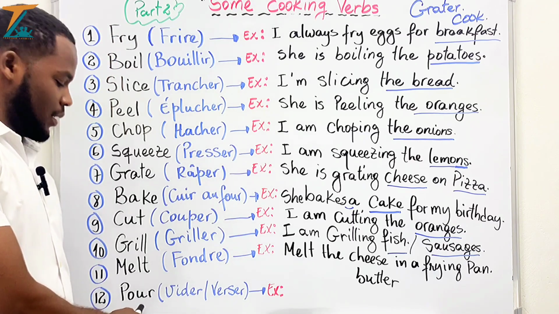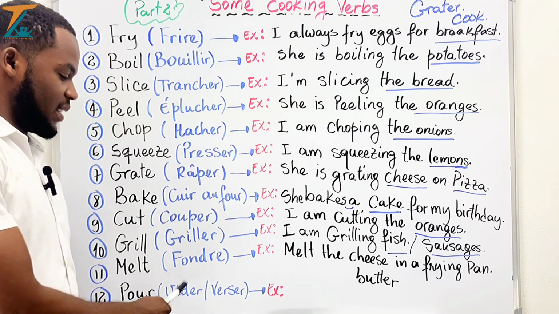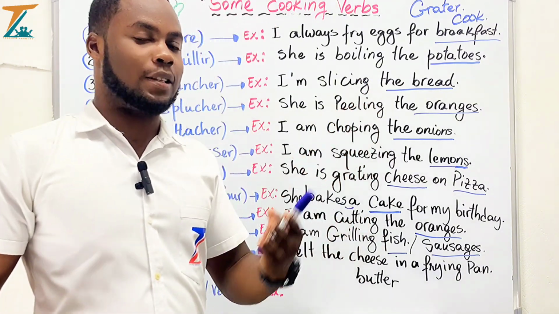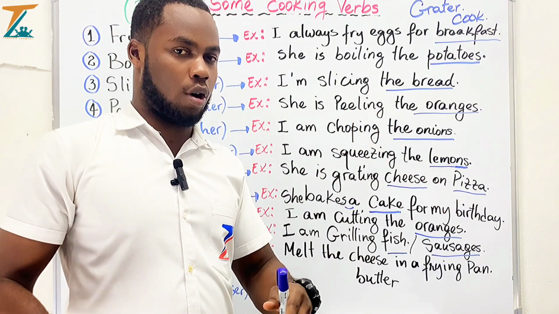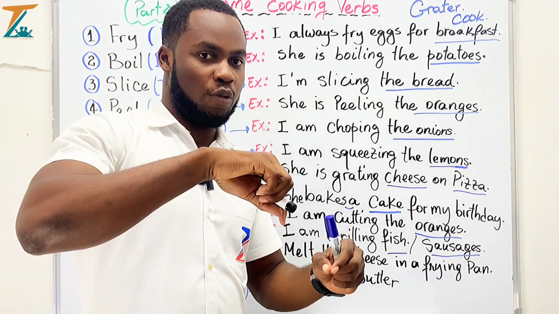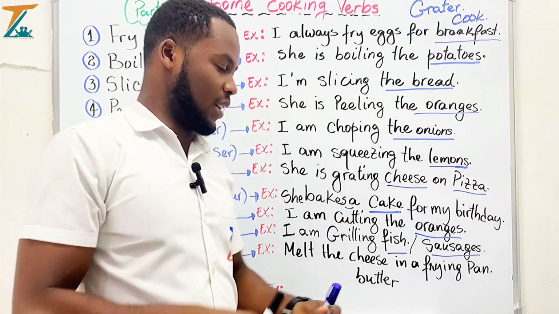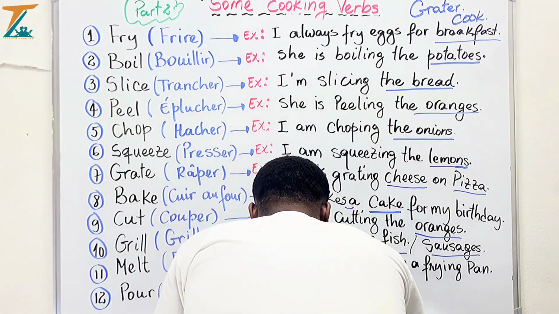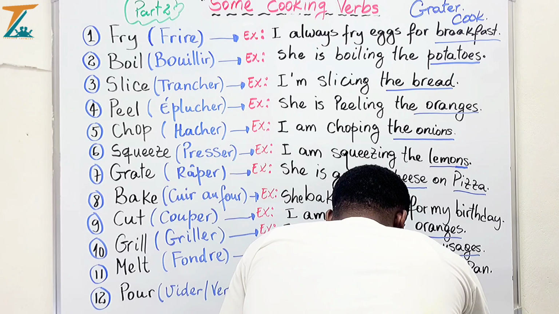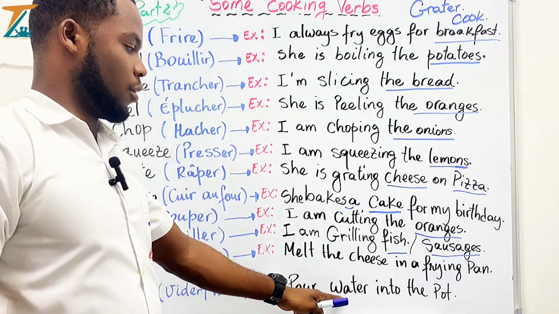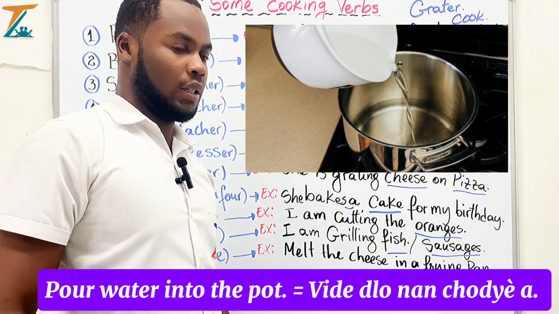Can you repeat it? Pour. Pour means vider, verser. So in the last video, we made the difference between add and pour. When you add, ajouter; when you pour, vider ou verser. For example, I say pour water into the pot.